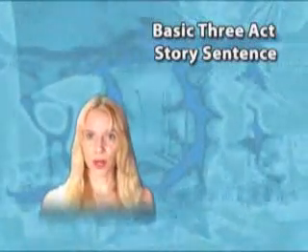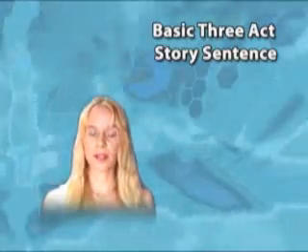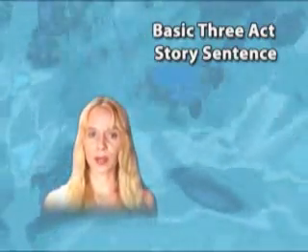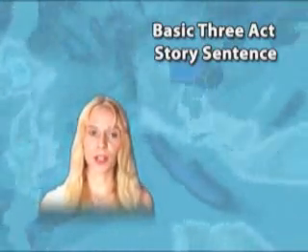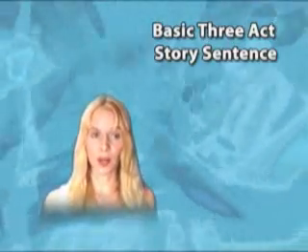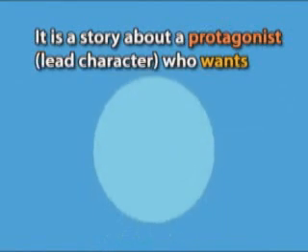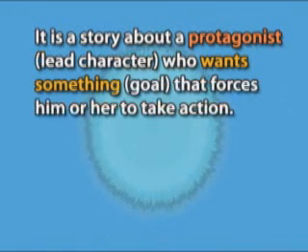Basic story structure sentence. Now this is the sentence we're going to be filling in all these little blanks in just a moment, but this is how you describe a story and the basic gist of how a 3-act structure, classic narrative story goes. It is a story about a protagonist, that's the lead character, the main character, who wants something, that's their plot goal, that forces him or her to take action.